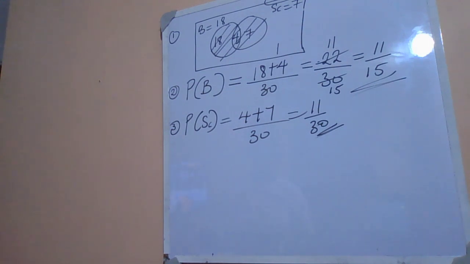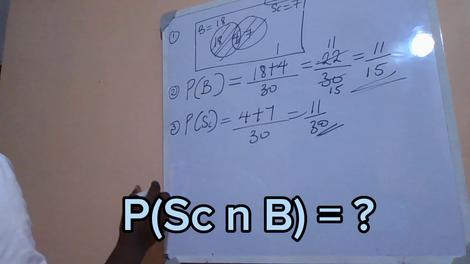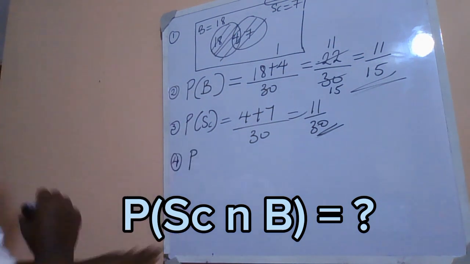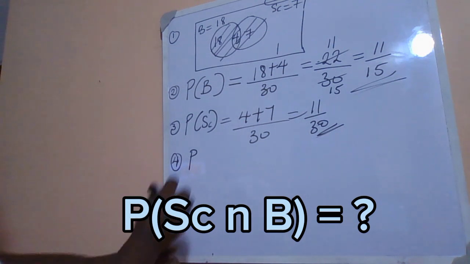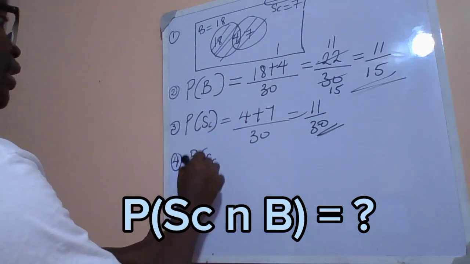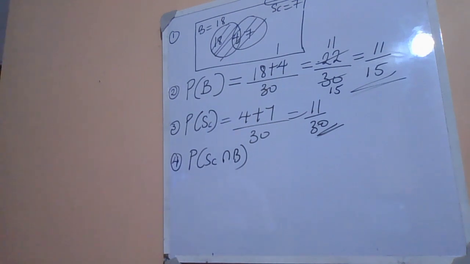The fourth part of the question says we should also determine the probability that a learner selected at random takes science and biology. So how do we answer that? Number 4, probability that a learner selected at random takes science and biology, that's science intersection biology, as a subject.